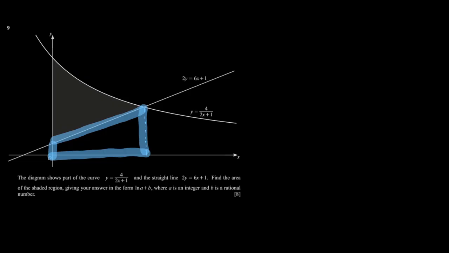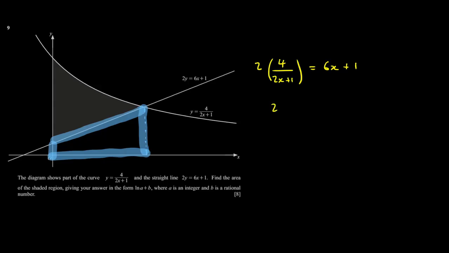I'm going to do that with simultaneous equations, where I'm going to substitute this equation into that one. So if I write that down, I'm going to get 2 lots of 4 upon 2x plus 1 is equal to 6x plus 1. So I'm going to multiply through.